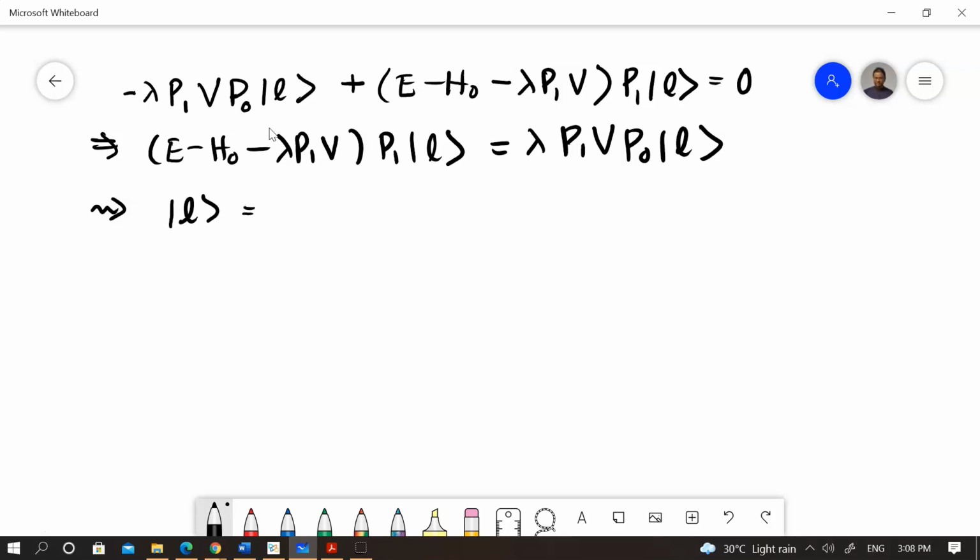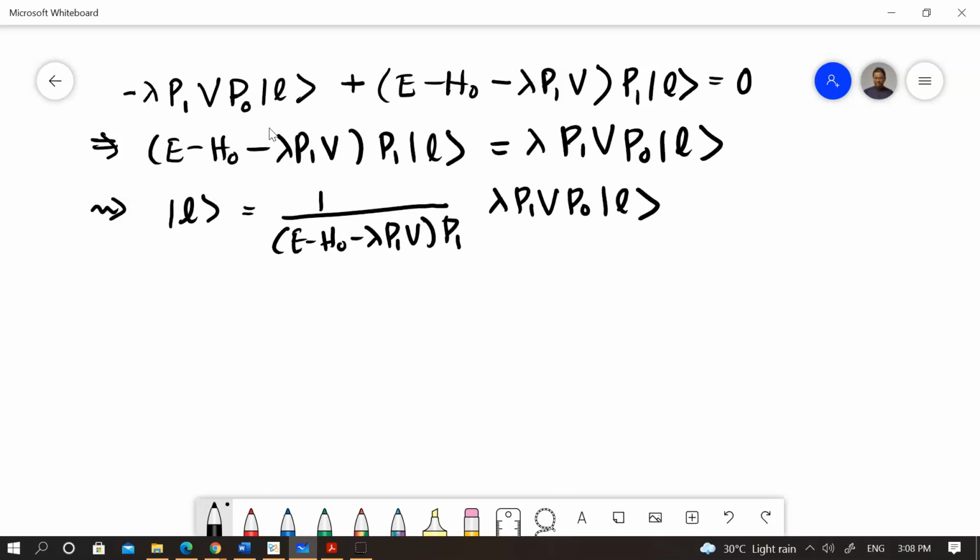There's a problem of definition of the operators here, but let's say we can do this: L equals 1 over E minus H naught minus lambda P1 V P1, and then you have your lambda P1 V P naught.